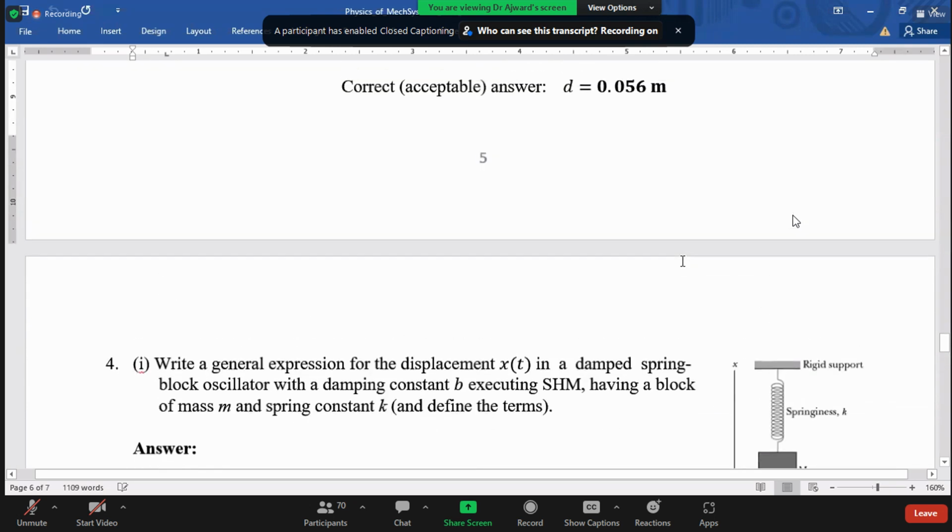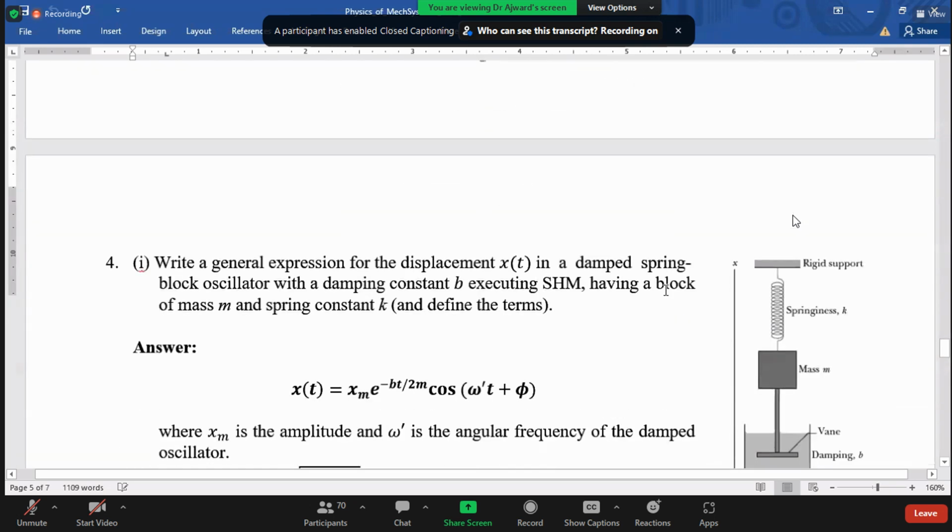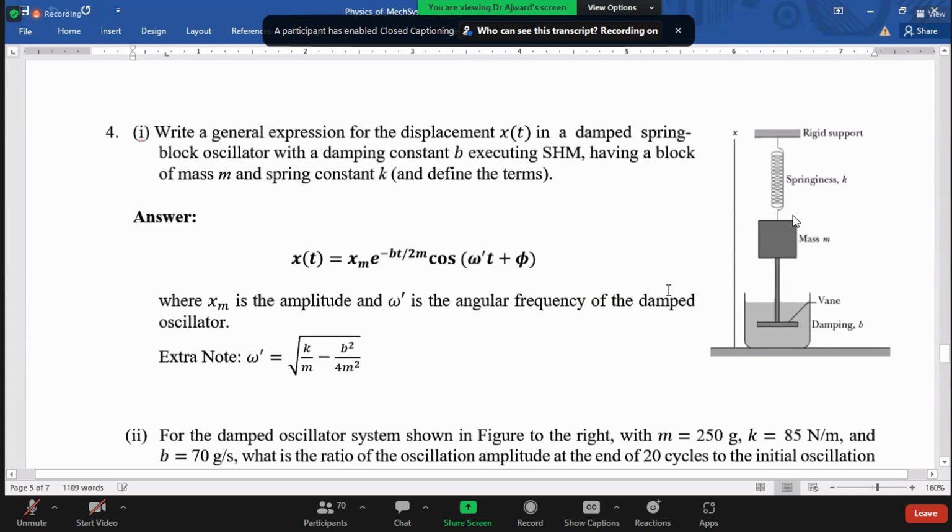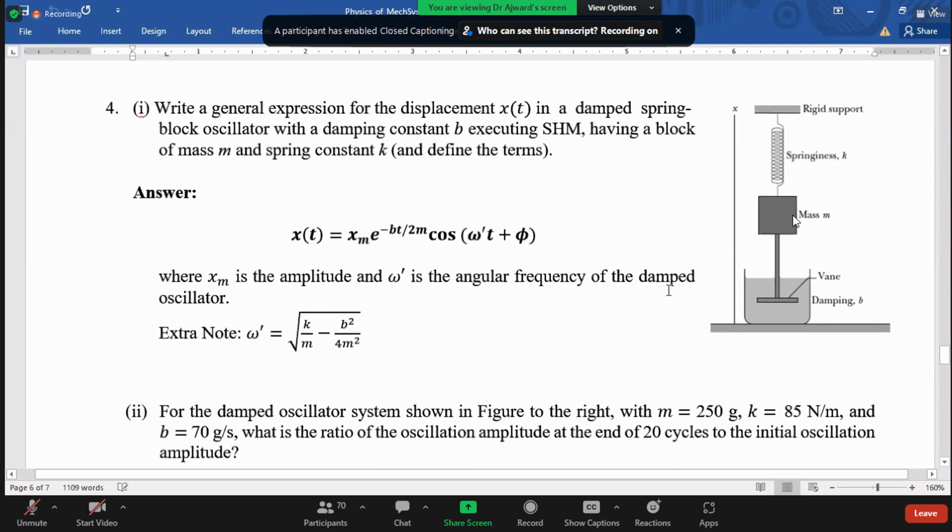And if there are no questions, I will go to the next one. You can type it in the chat box if you have a question, or you can speak. It is better to type it in, because sometimes you get disturbed.